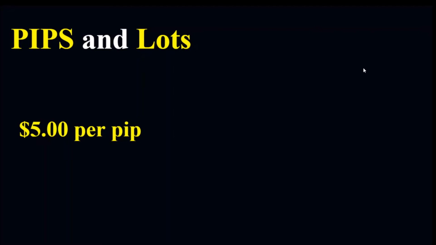That would correspond to a 0.5 lot, because all you're doing is moving that decimal place one spot to the left. So a 0.5 lot corresponds to a $5 lot size, meaning that for every pip that the market moves, you're gaining or losing $5, depending on if the market moves in your favor or it's going against you.